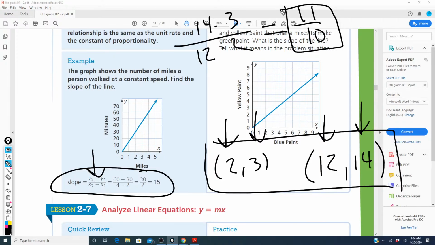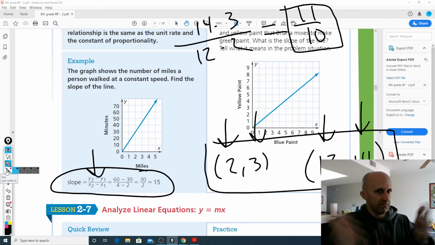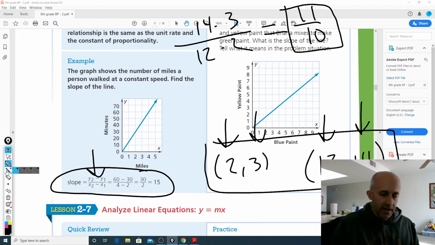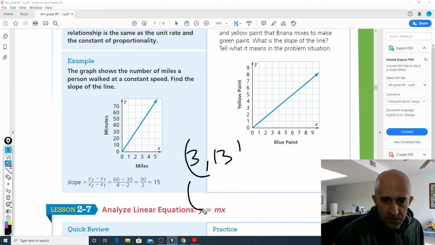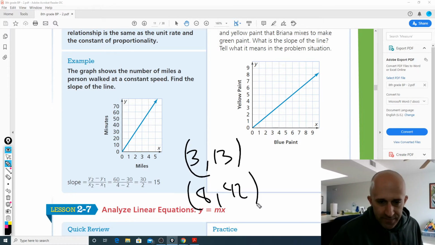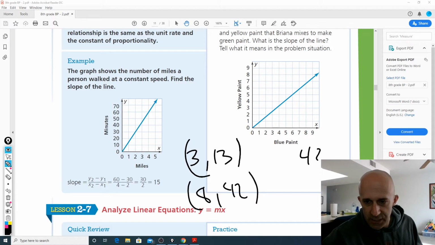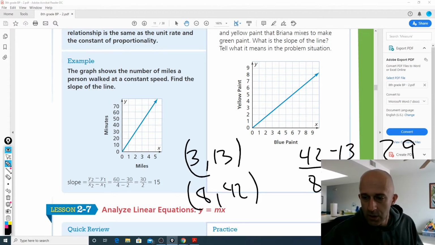Again, you could sit here all day and write different changes of slope and all this kind of good stuff. If you had 2 points on a line that were 3, 13, and the other one was 8, 42, you're finding your change in y, 42 minus 13 over 8 minus 3. 42 minus 13 is 29, I believe, over 5.